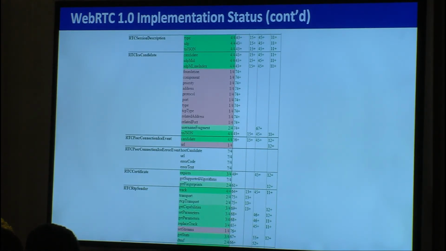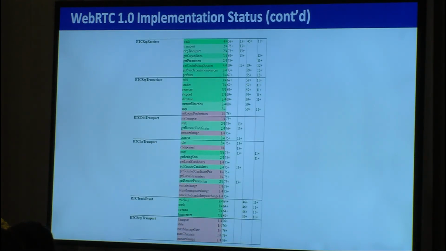It's done, actually, set streams is in Chrome, but it's not in any other browser. And similarly for the receiver, it's almost all there. Transceiver is the same with the exception of the stop method, which has proven itself to be a little bit problematic. We're still working that through to get that done.